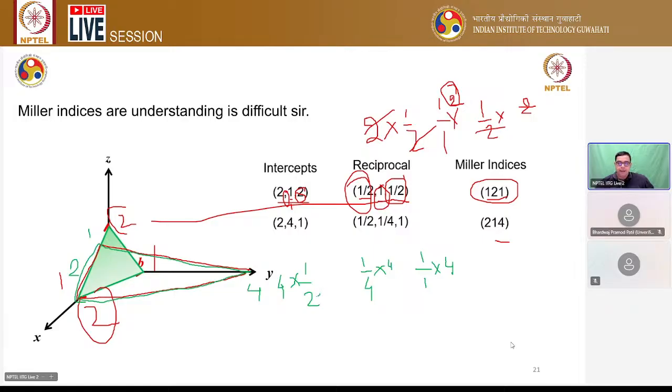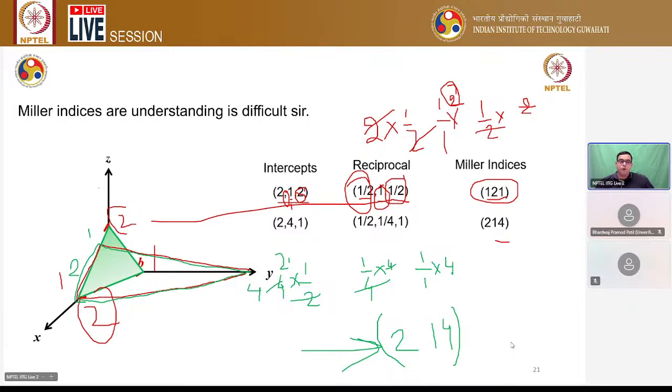So I have 2, 1, and 4. If I don't put any comma, this will be my Miller indices. This Miller indices concept is very, very important.